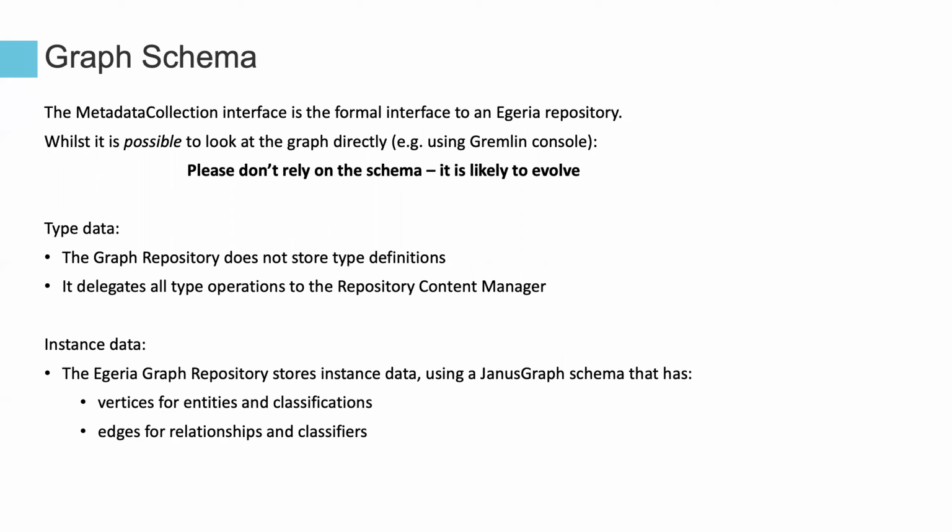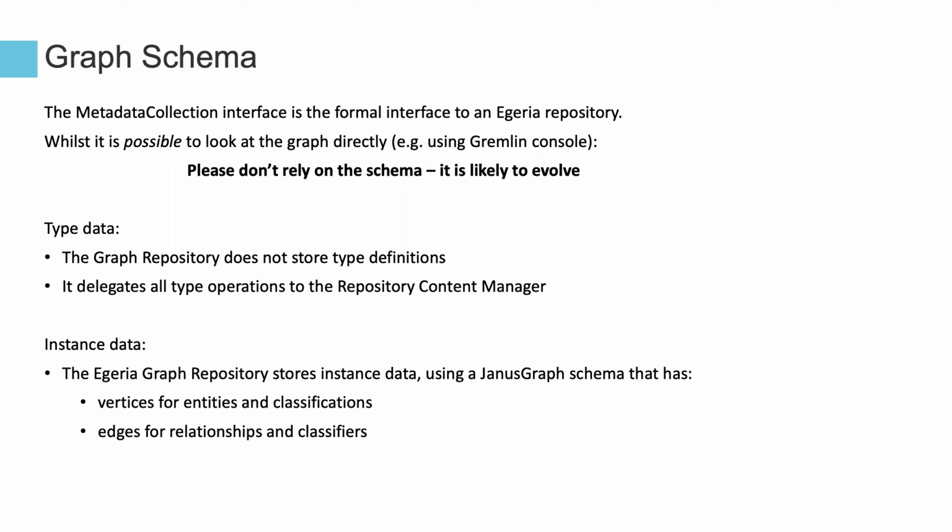There's a couple of points here about type data and instance data with regards to the schema. We don't store type definitions. We delegate all of the type operations to a thing called the repository content manager. And this is great because otherwise we would be implementing this per type of repository, so every repository connector would have needed to worry about all the types.